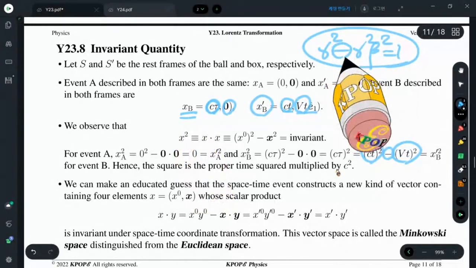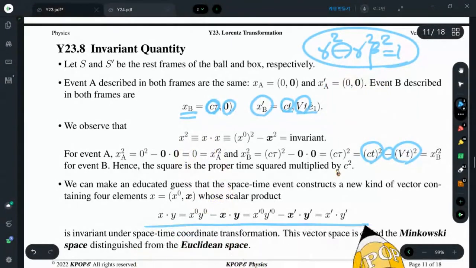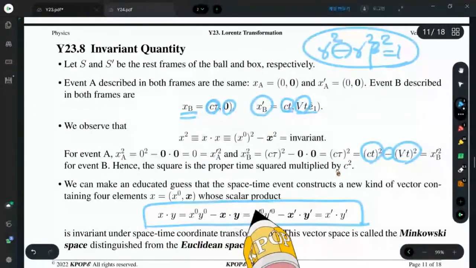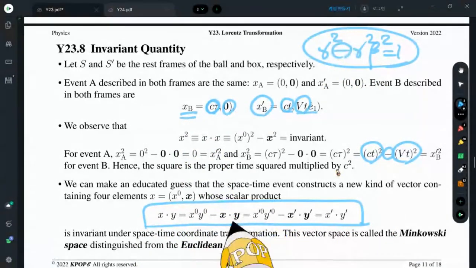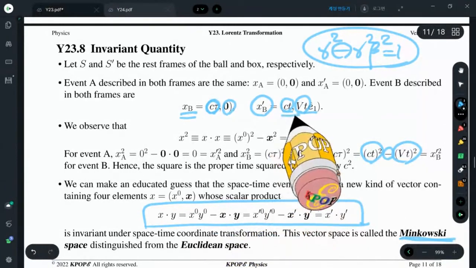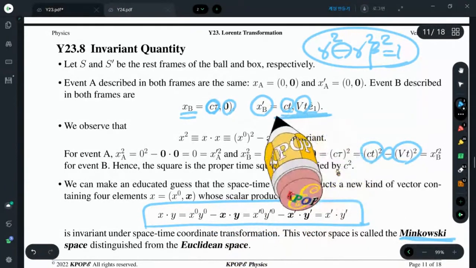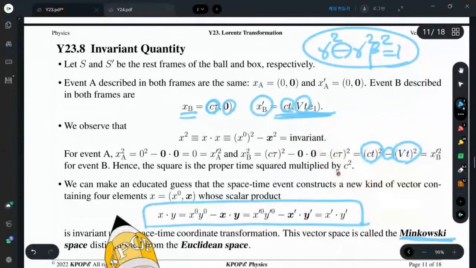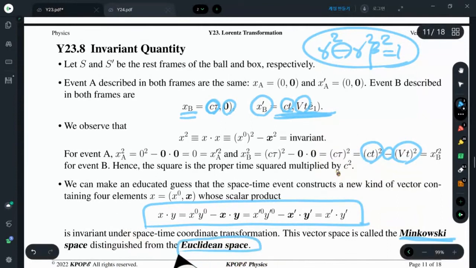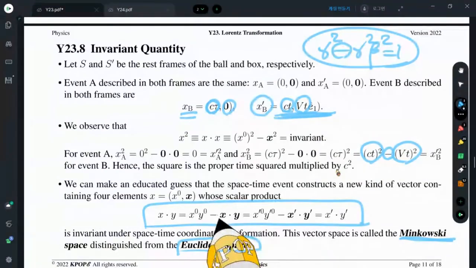Therefore, this relation strongly supports the invariance of the 4-vector. For example, this event of a particle expressed in relativity is different from Euclidean space, whose scalar product is just positive everywhere.